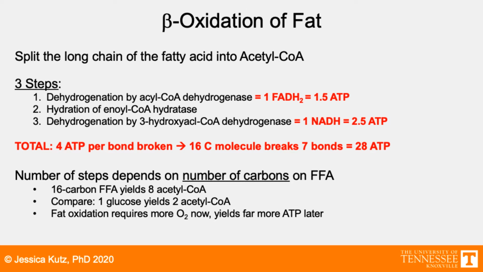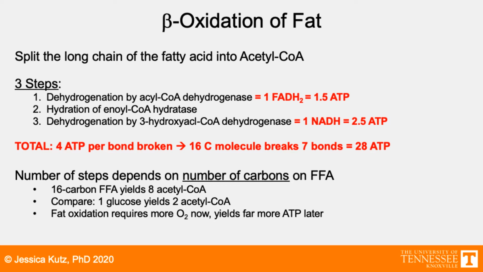Just like you saw previously with carbohydrate metabolism, we're able to take those transport molecules that are carrying those extra hydrogens and thereby electrons and process them in the electron transport chain for energy. So in this case, that 1 FADH molecule provides 1.5 ATP, and that 1 NADH molecule provides 2.5 ATP. So that means for every bond that is broken during beta oxidation, we produce 4 ATP molecules.